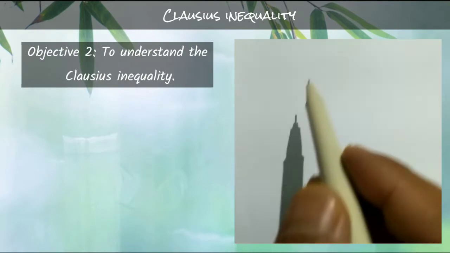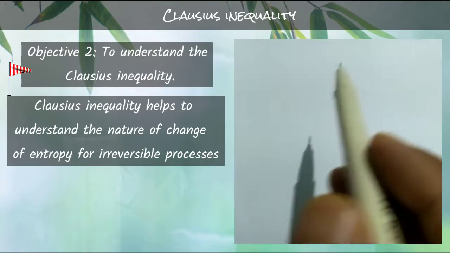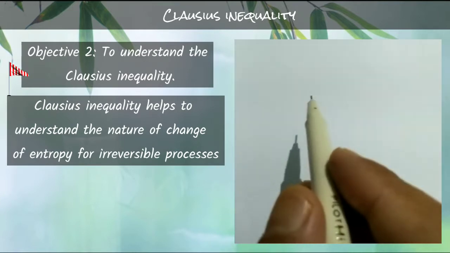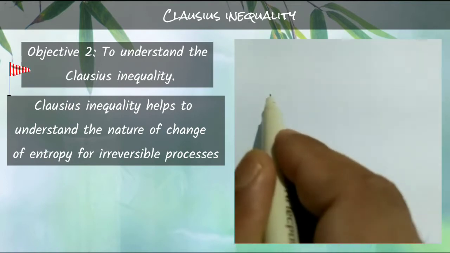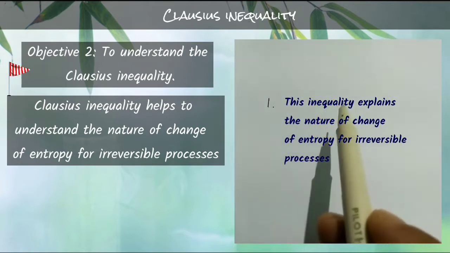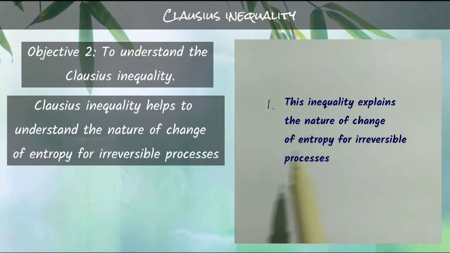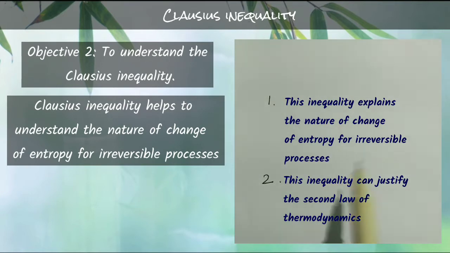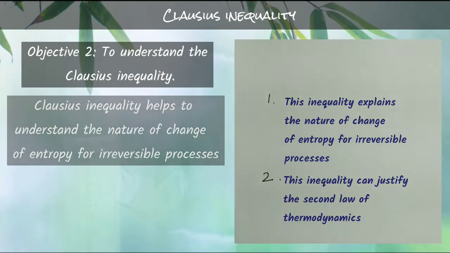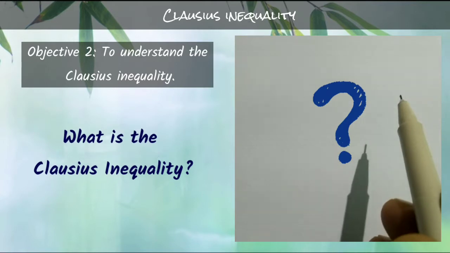Now coming to a very important topic, which is the Clausius inequality. This inequality is very important because of two factors. The first is that it explains the nature of change of entropy for irreversible processes, and the second is that it can justify the second law of thermodynamics for specific cases. Now the question is, what is the Clausius inequality?